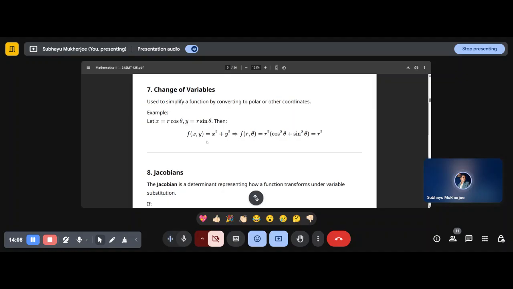And change of variables. Now, why do we need to change variables? Because in the second unit, that is integration, double integration, multiple integration, you have seen how we use polar coordinates. It is basically the same thing: we are using change of variables to simplify things. Now imagine it's a Wednesday or you have a formal assessment examination.